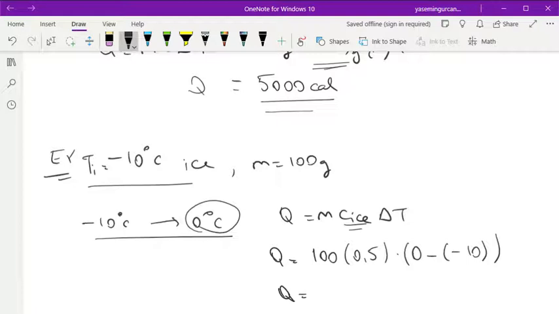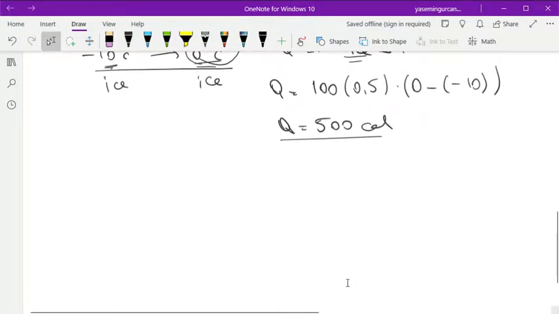So this is going to be 500 calorie. This is the amount of energy to take ice at -10° and turn it into 0° ice, right? It's still ice, it's just 0°.